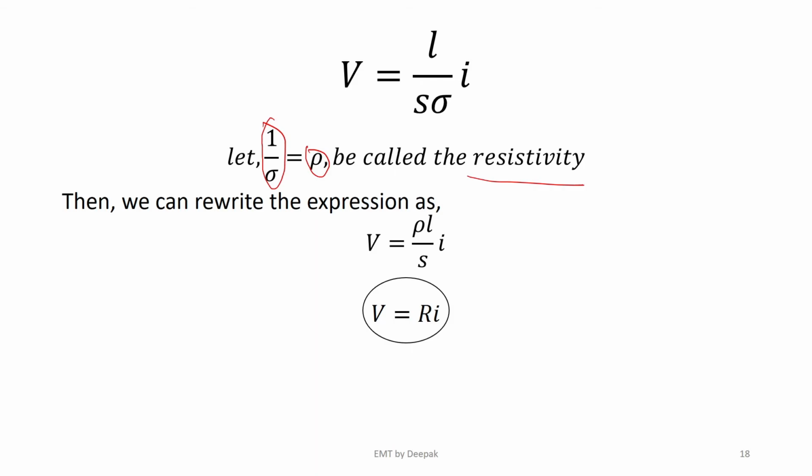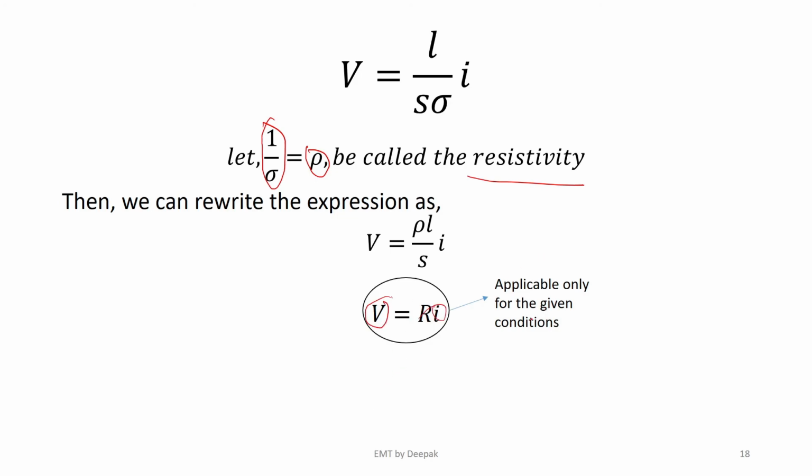This is something we have been studying from childhood as Ohm's law, but it is applicable only when a conductor is supplied with a constant potential difference and the cross-sectional area of the body is constant. Only in such a scenario can we apply V equals IR.